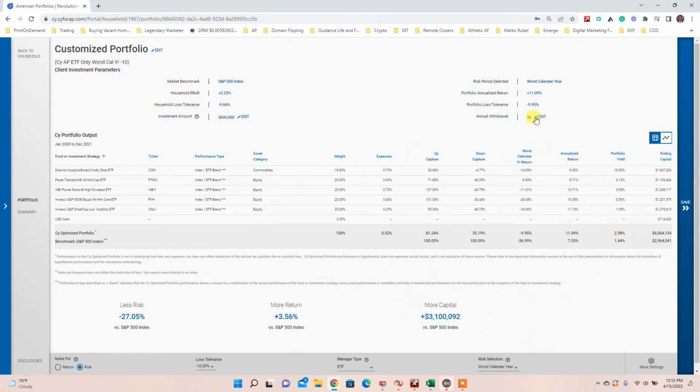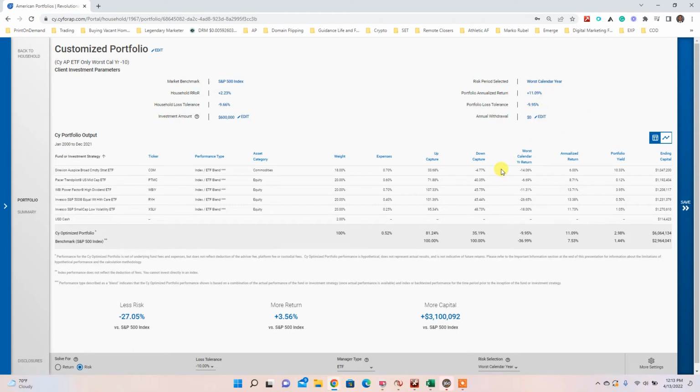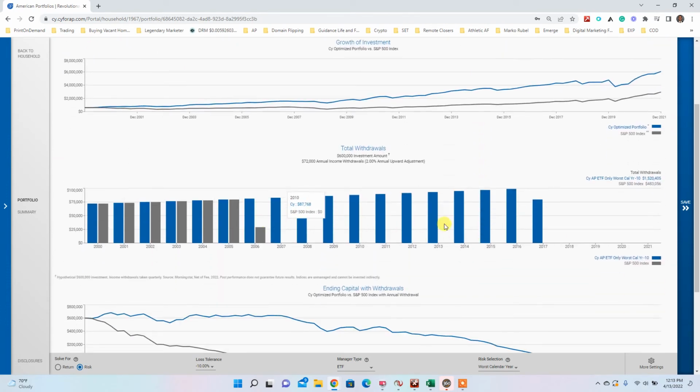Now let's say you want to start implementing income here. For our purposes, we want to take $72,000 out a year, and we're going to see exactly how that comes into play. With this portfolio and the amount that we have, it's not going to meet us all the way through retirement, should you live 20 years into retirement, but it'll show you how much it will outlast versus the S&P.